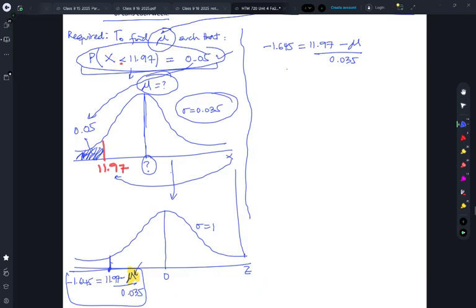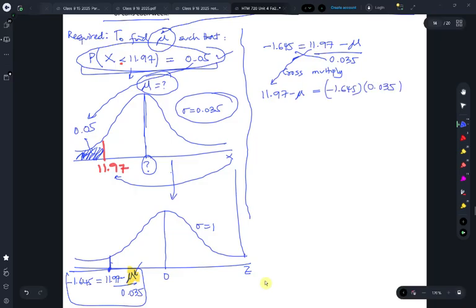So we're going to cross multiply to solve. So I have 11.97 minus the mean equals negative 1.645 multiplied by 0.035.